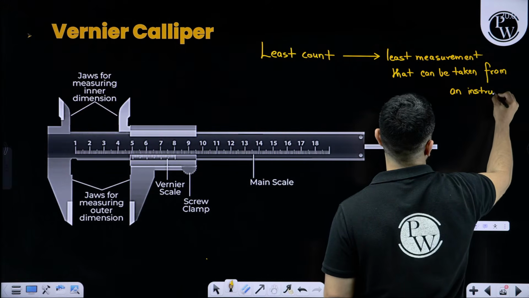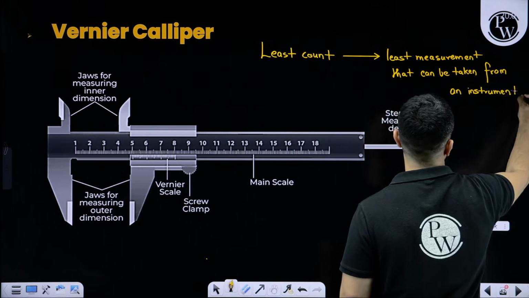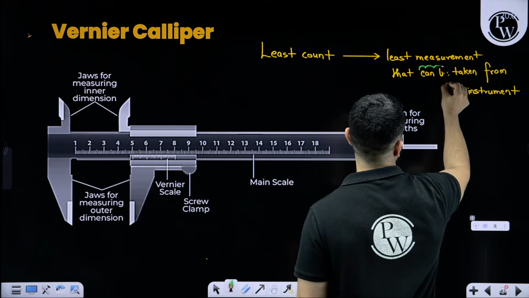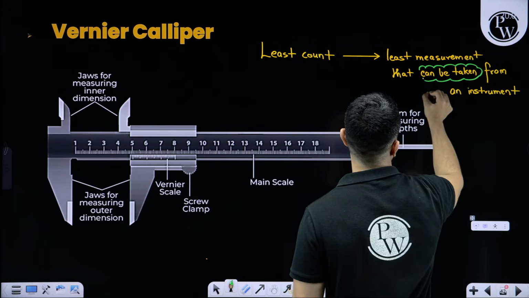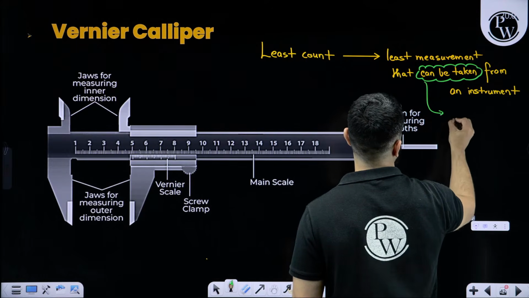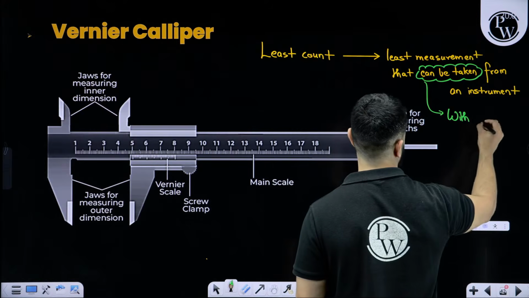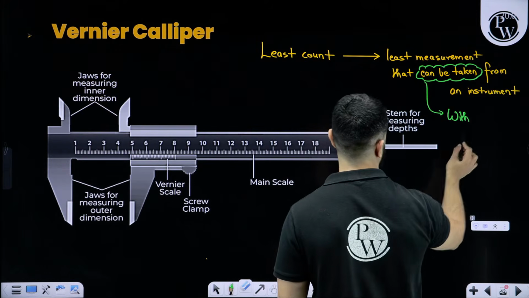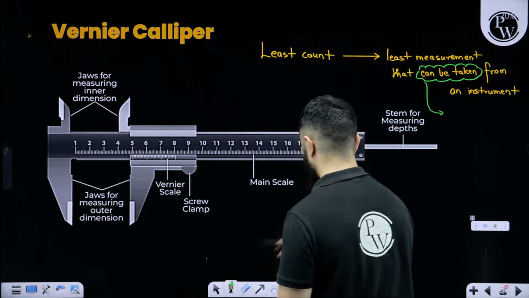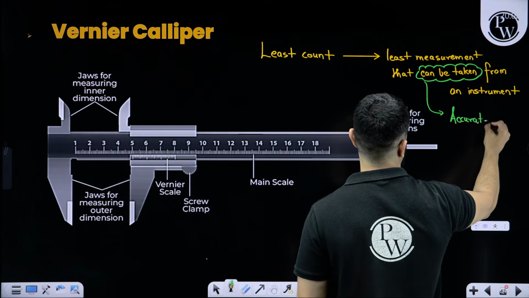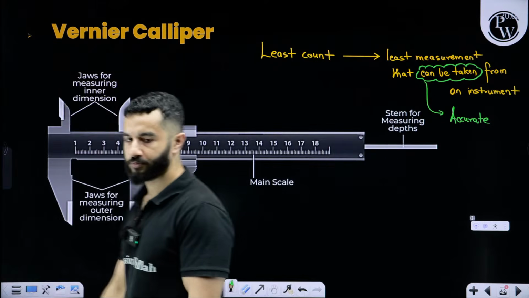When we say it can be taken, we mean that we can take it precisely, with precision. It goes without saying that this is an accurate measurement, right?